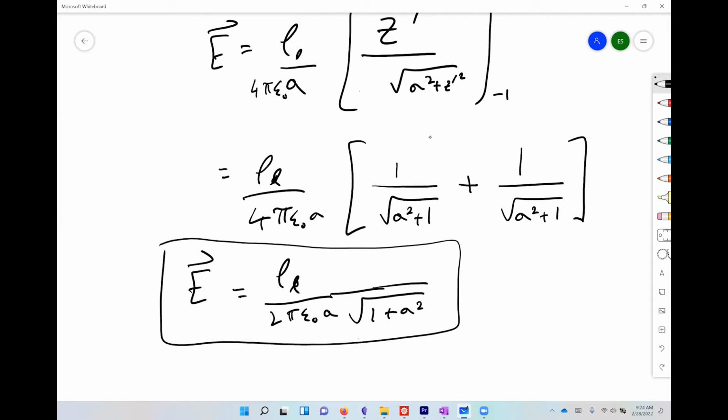This would be the electrical field. If I have a rod and I take the center of the rod and I take a distance a from the rod, and I want to find the field at that point, this is the exact equation for that.